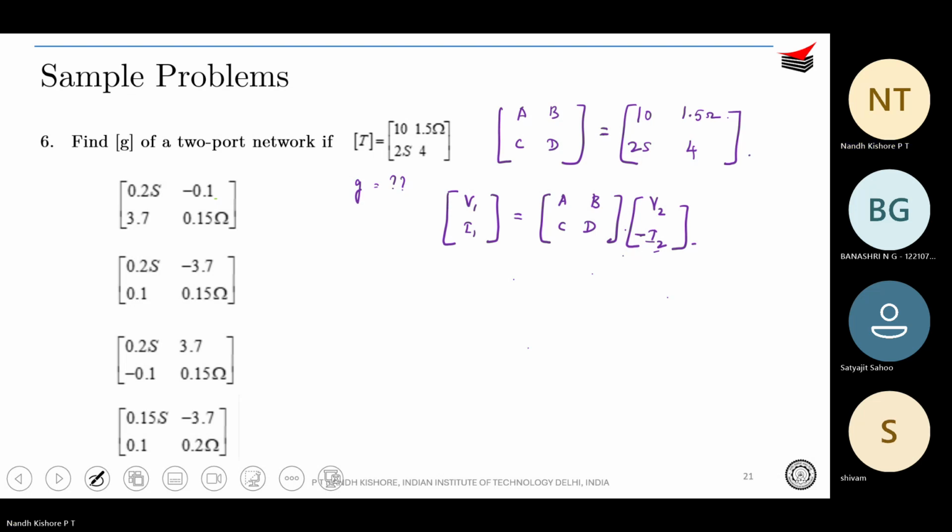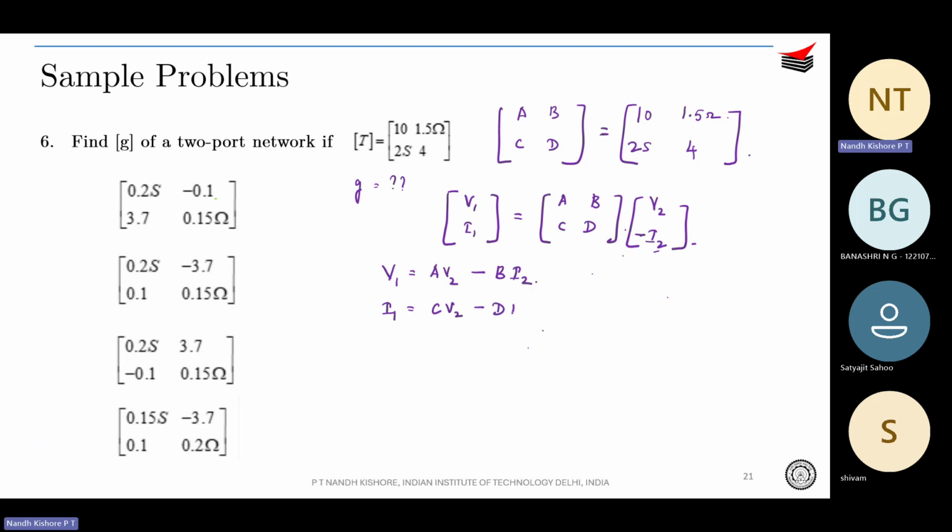Which means that if I expand this, I will get V1 is equal to AV2 minus BI2, and I1 is equal to CV2 minus DI2. Okay, keep this in hand.